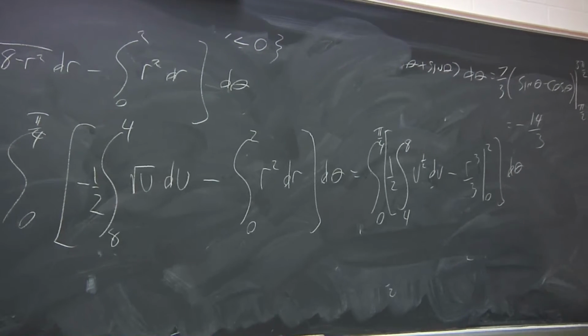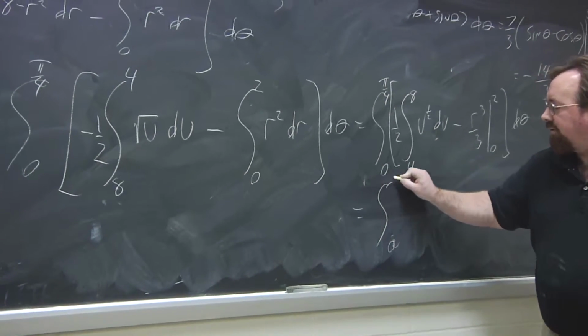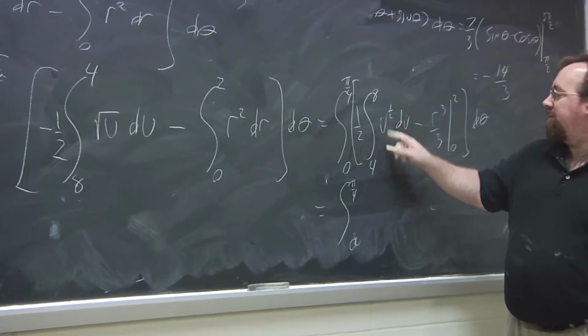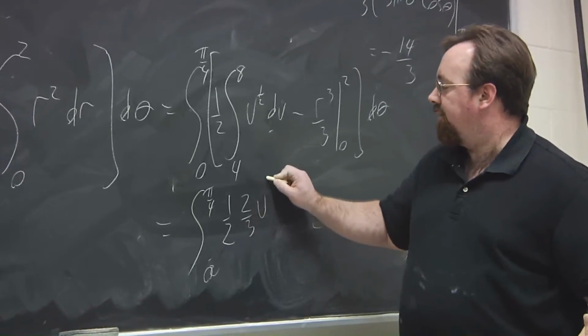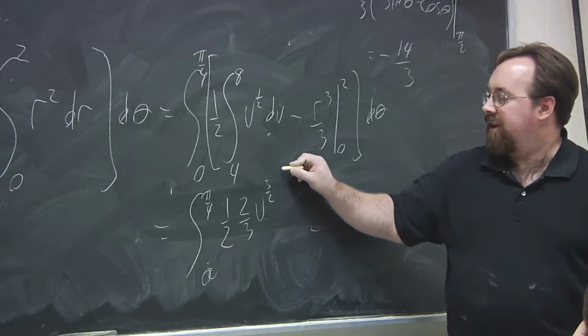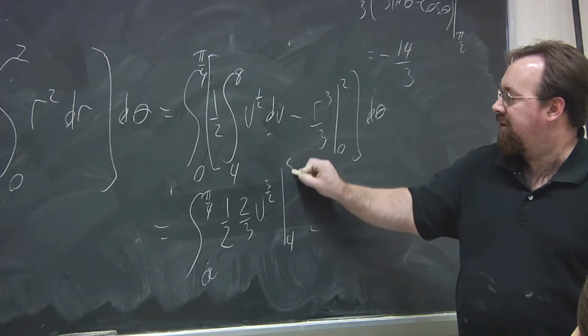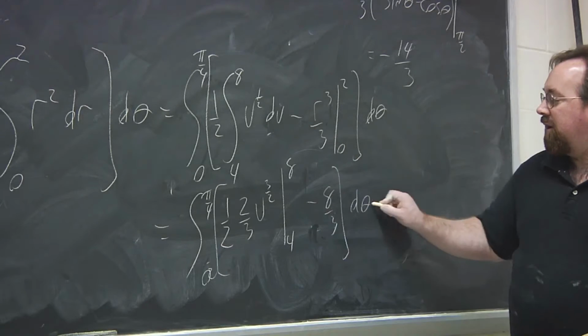Okay. So now we can finish this off. We're going to have 1/2 times 2/3 u to the 3/2, which we get from anti-differentiating u to the 1/2, evaluated at 4 and 8. And then this is just going to give us 8/3 d theta.